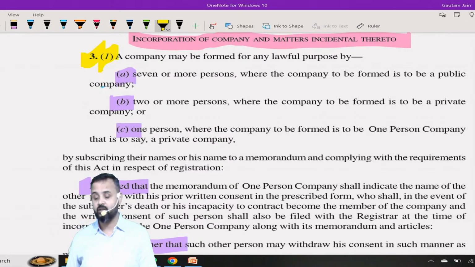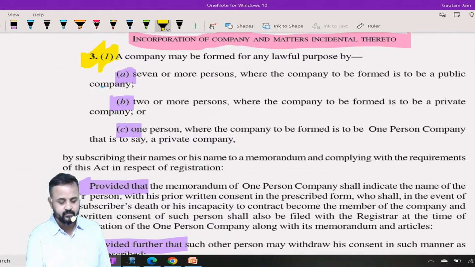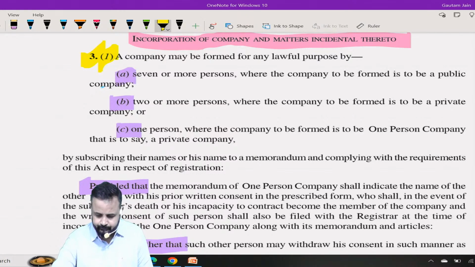That's why they had to write provided also that. Just observe. Then what do we have here?